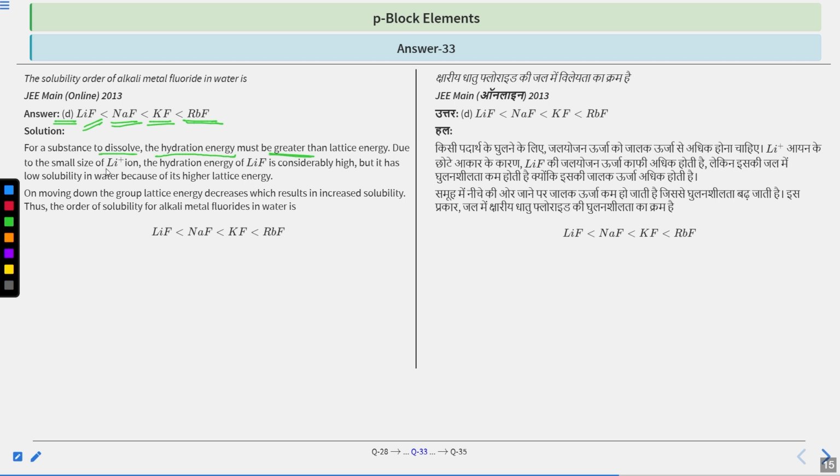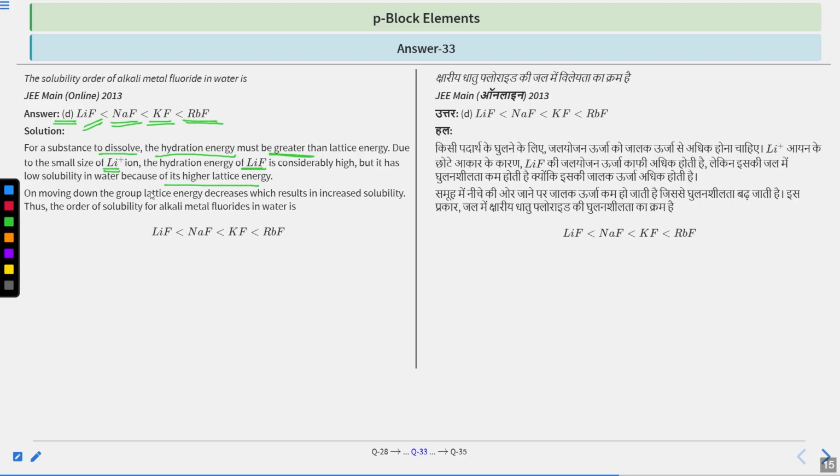Due to the small size of lithium positive ion, the hydration energy of lithium fluoride is considerably high, but it has low solubility in water because of its higher lattice energy, right? Because the size of lithium is so small and they have strong bonding, this is a stable compound, that's why it has a higher lattice energy and low solubility in water.